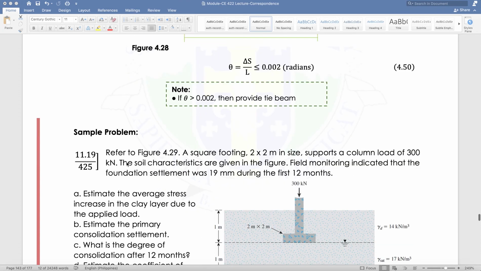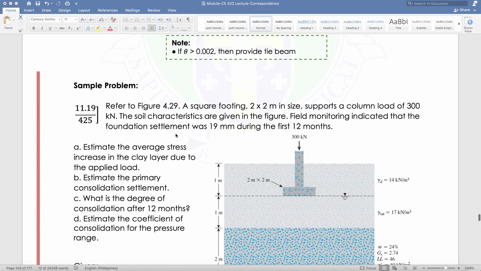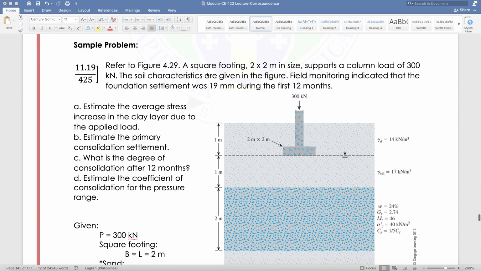So we have here a sample problem. Referring to the figure, a 2 by 2 footing in size supports a column load of 300 kilonewton. So we have here a 300 kilonewton load, and the soil characteristics are given in the following figure. Field monitoring indicated that the foundation settlement was 19 mm during the first 12 months.